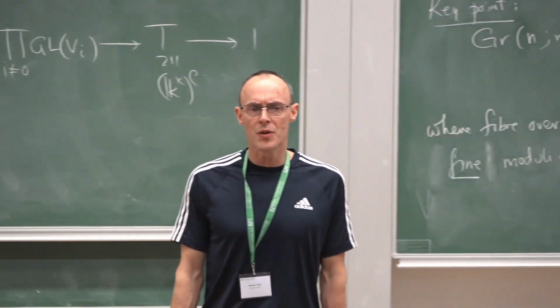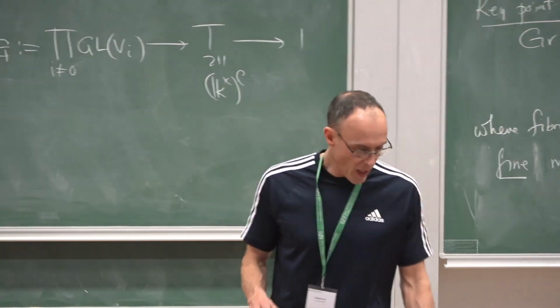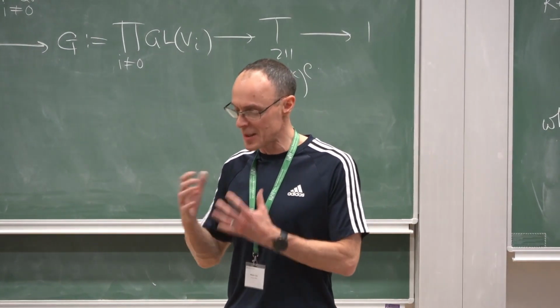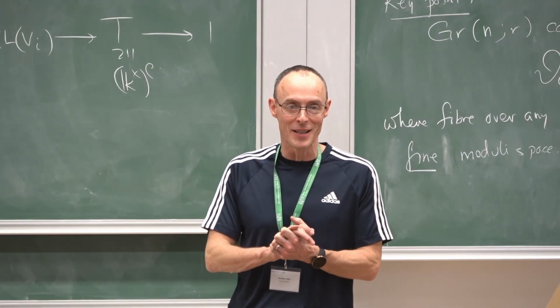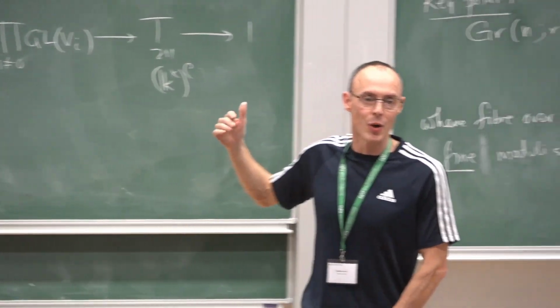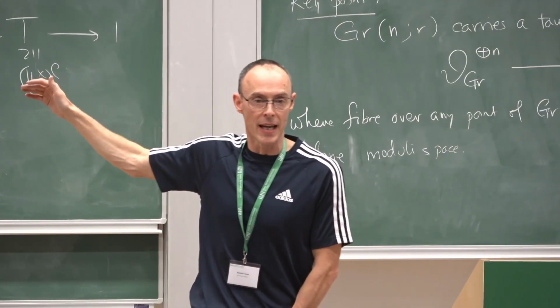I've deliberately not said too much about the GIT fan, in part because I was trying to keep away from stability and semi-stability explicitly, leaving that to Joshua, so that I could talk about invariance. But were I to talk about it, I would define theta stability and theta semi-stability in the sense of King.